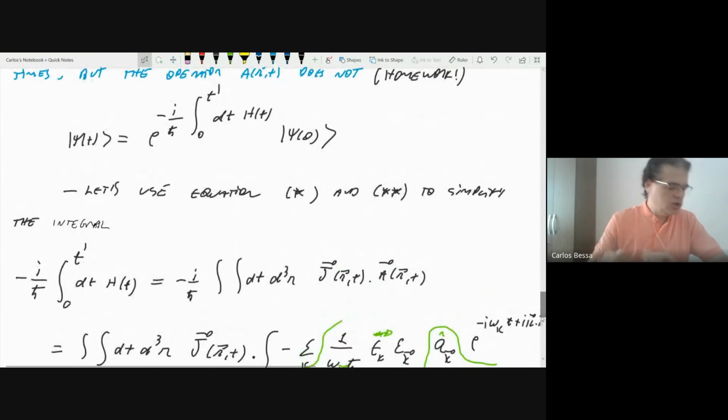So I can write the original exponential like this. Using this new definition, I can write this exponential in this way.